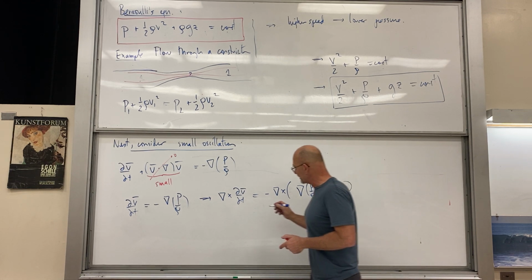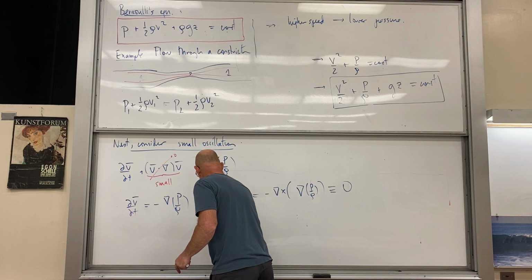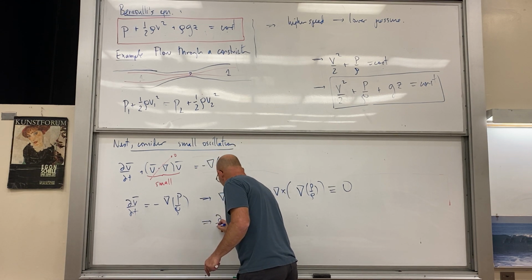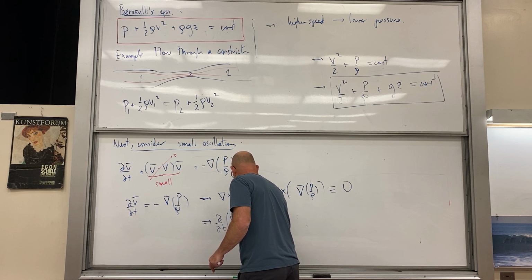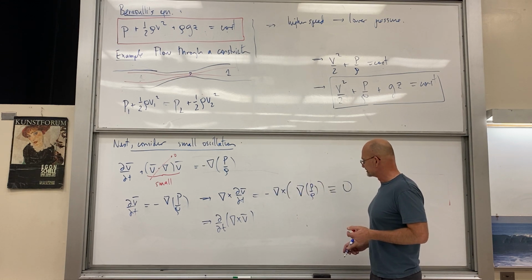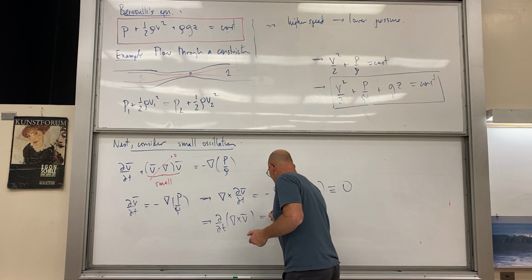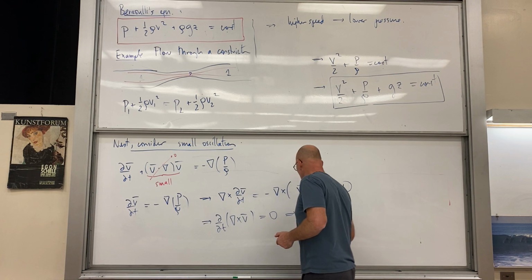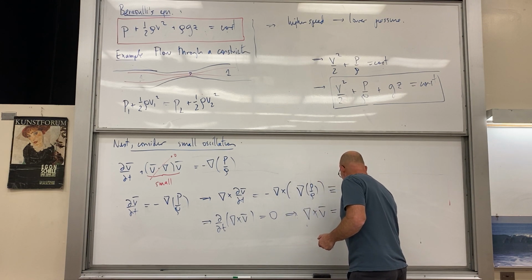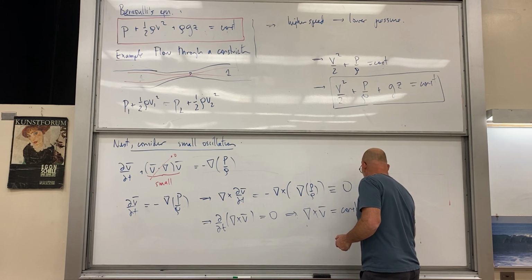So what that tells us is that the time derivative of the curl of v, and I'm just exchanging derivatives, is equal to 0. So we have the curl of v is constant.